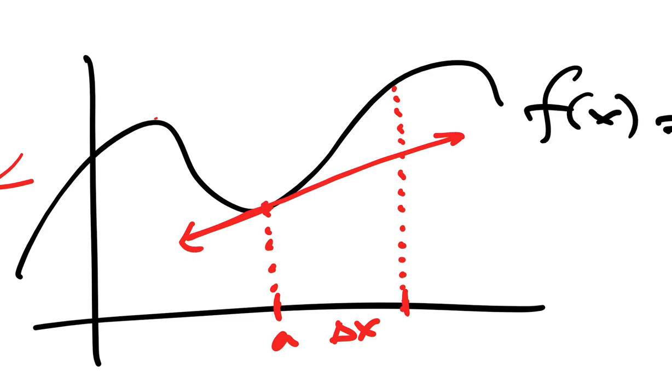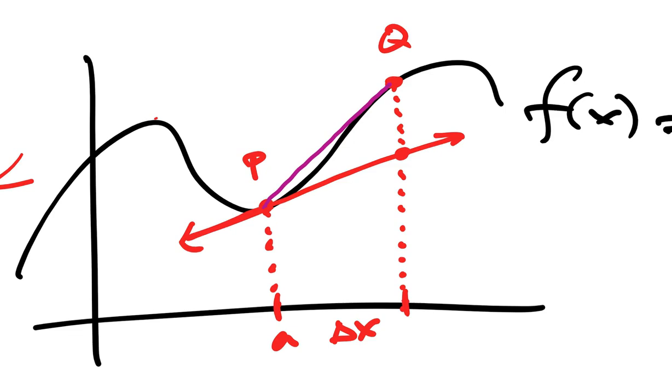We're going to call this point P, and we'll call this point Q. The tangent line will give you an approximation to the slope from one point to another.